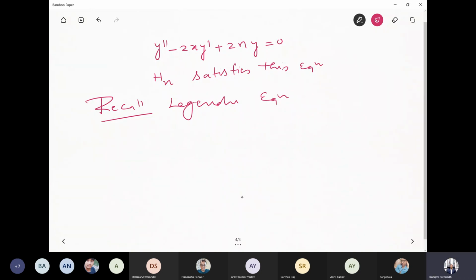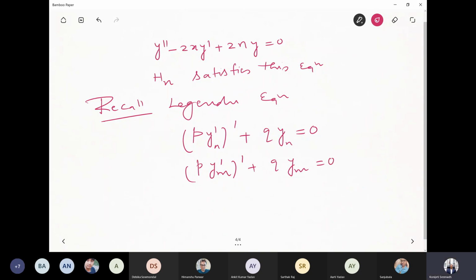The self-adjoint form is something like this: (p y prime) prime plus q y equals 0. Suppose there are two solutions, yn and ym, whenever you have these self-adjoint forms.